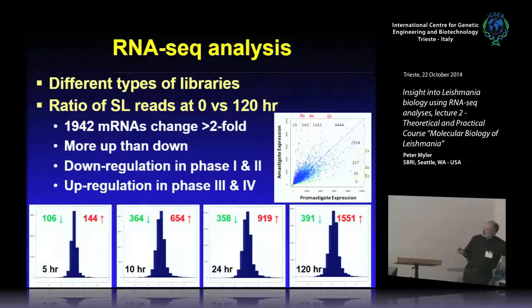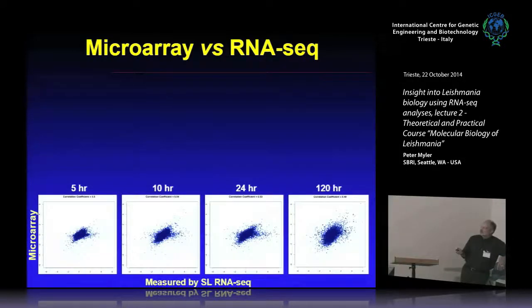What we did find, though, was that there was a lot more downregulation in phase 1 and 2. So in fact, the phase 1 and 2 results mirrored what we got with the microarray results and with the protein results. What we're seeing here is that in phases 3 and 4, that's where we're seeing a lot of RNAs that appeared to go up. But I think that's actually an artifact of normalization.